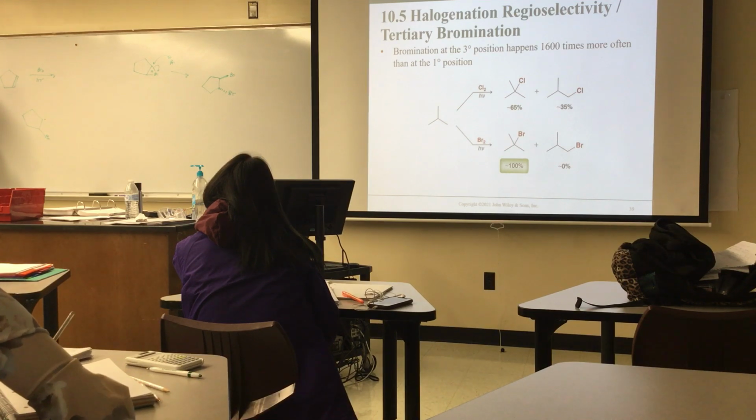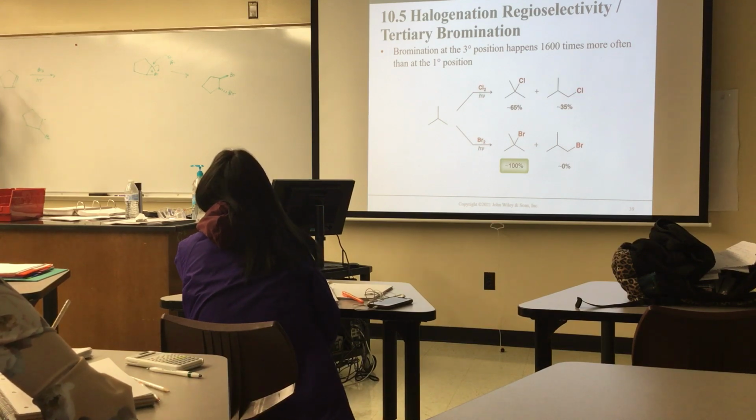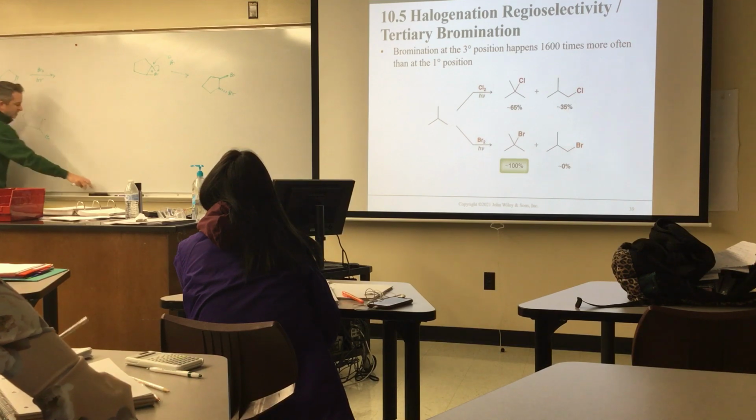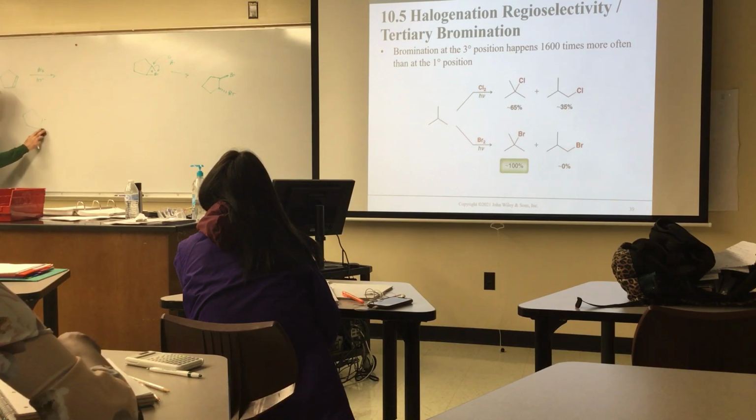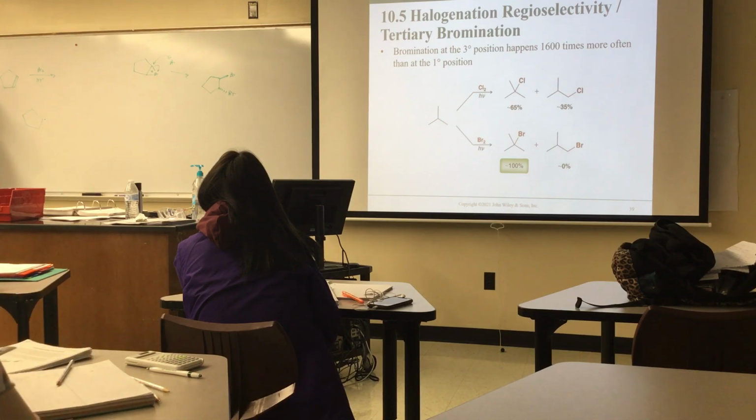How might you be able to look at this? Actually, I'm going to come back to this. Give me another stable radical, a more stable radical than the one that you predicted. This one, if the hydrogen came off the carbon with the double bond.